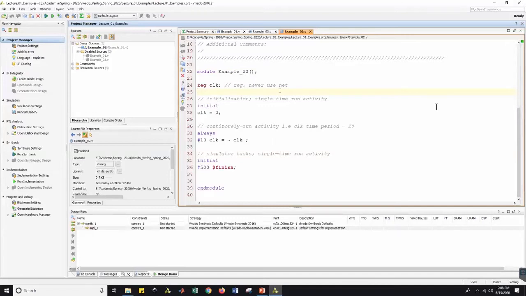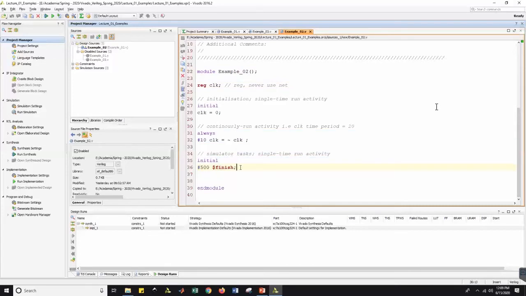The example starts by defining a variable, because we are working in behavioral modeling, so all our variables will be reg type. There are three blocks inside this example: one initial block, then an always block, and then another initial block.